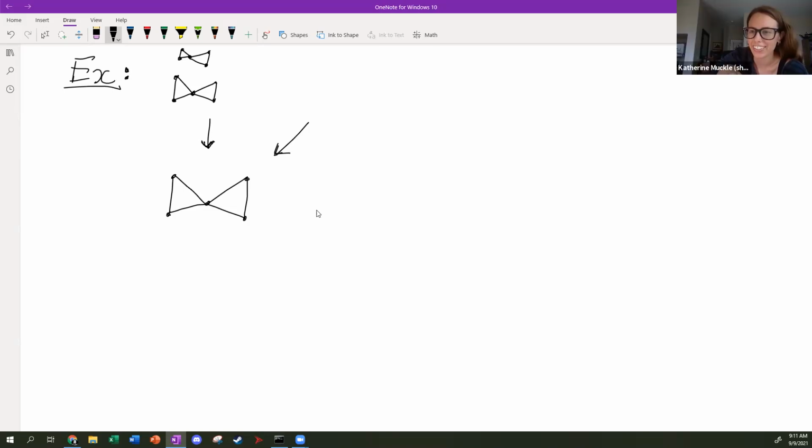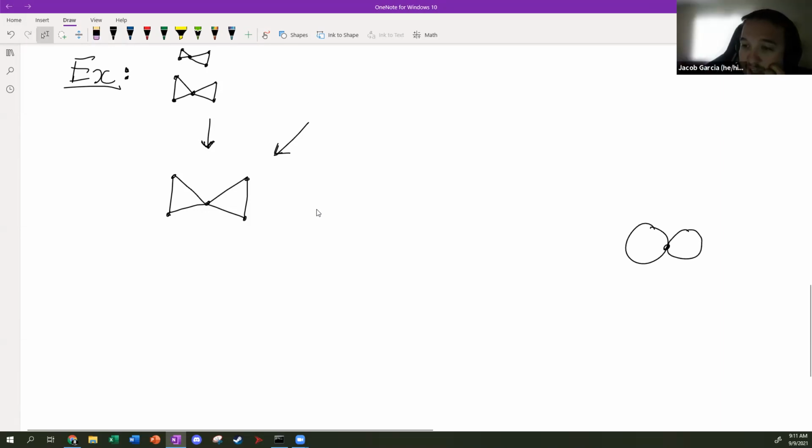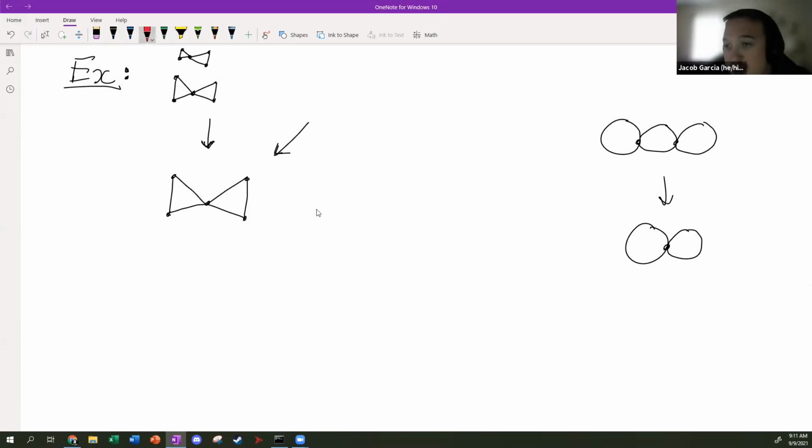Can I make a guess as to what it is, just for funsies? Normally when I think of a two-sheeted cover of a circle, or sorry, the wedge of two circles, I draw this. This is a two-sheeted cover where going once this way is an entire loop this way.